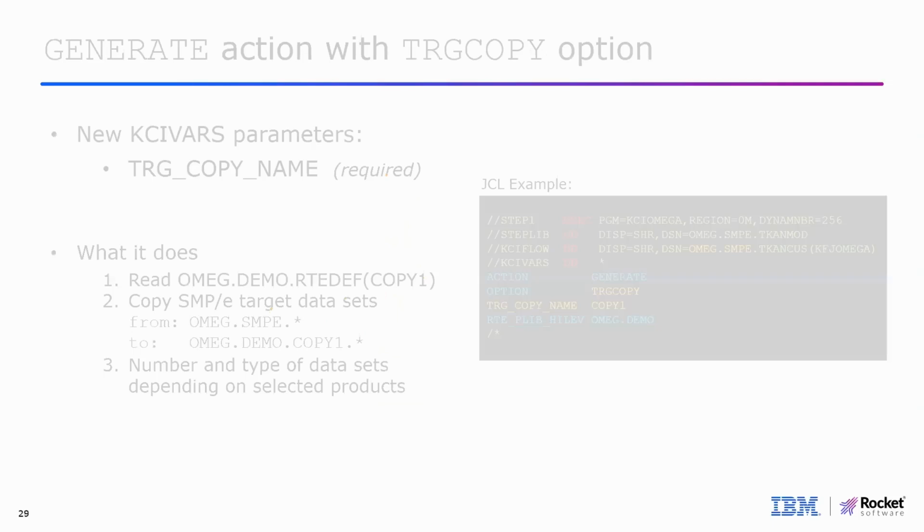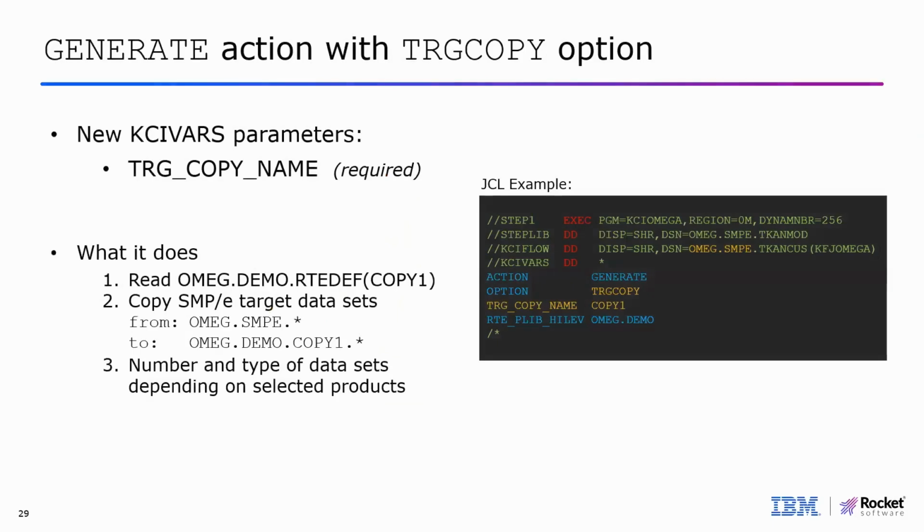So with the generate action, what happens? Generate is very simple: generate with target copy, referencing the target copy name. It simply reads the copy member and copies the target and SMP data sets to your copy respectively.